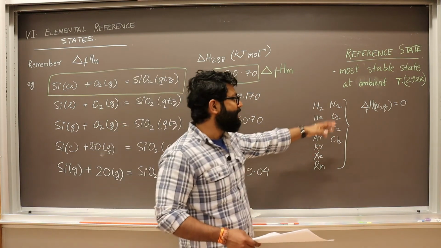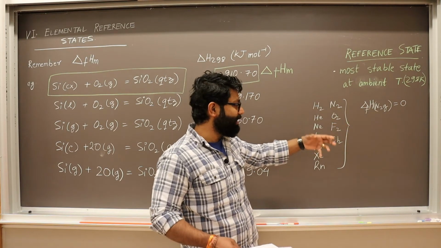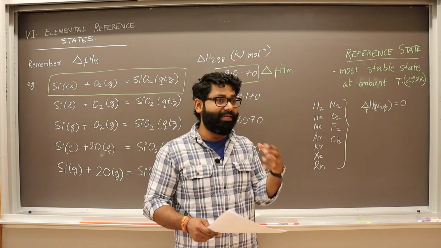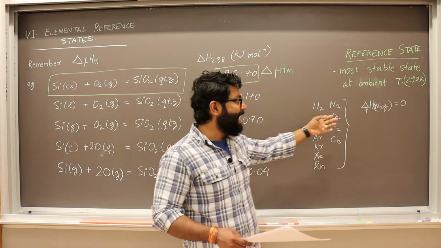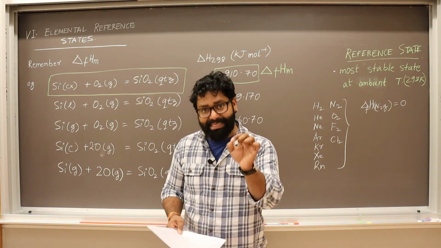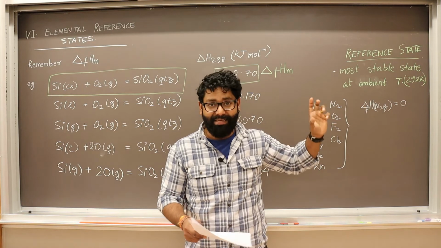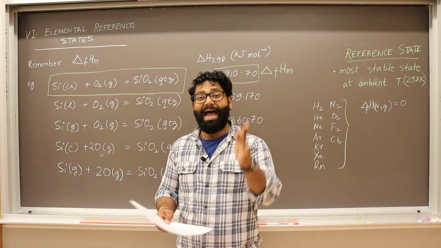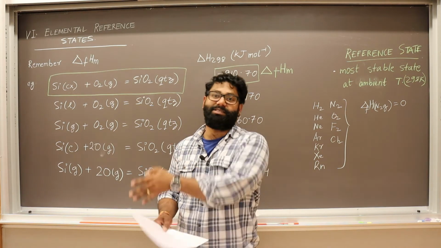Now, I have not given the baseline for the solids. I'll discuss briefly what that means and how we can calculate the elemental reference state for solids. But for the gases, it's like that. If any element is in its reference state, we will assume that the enthalpy of formation of that element is 0.